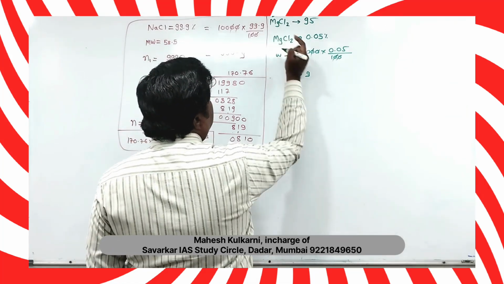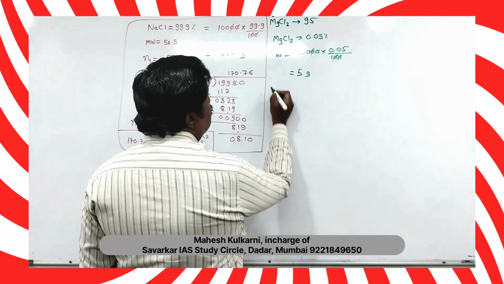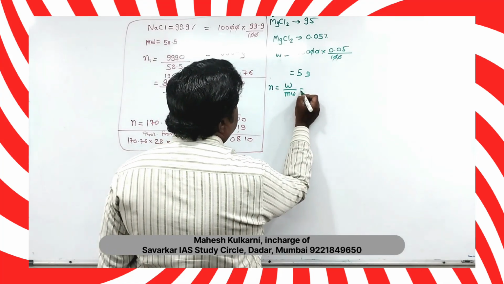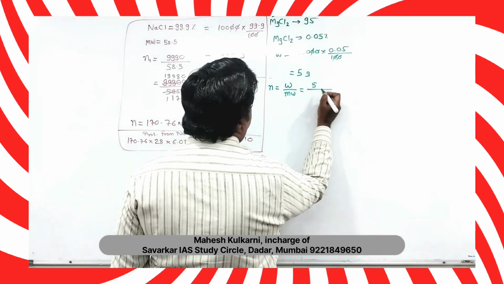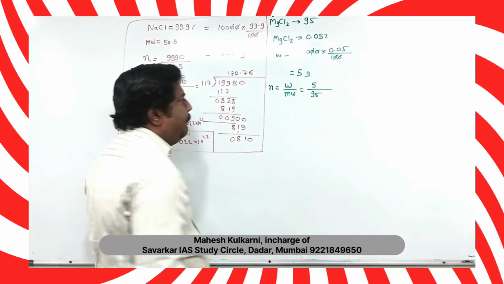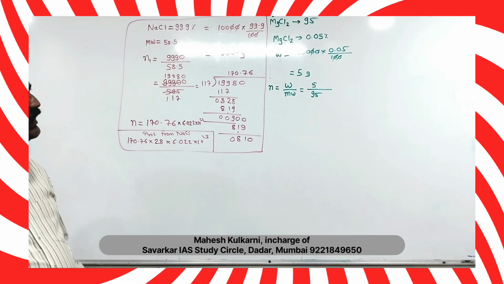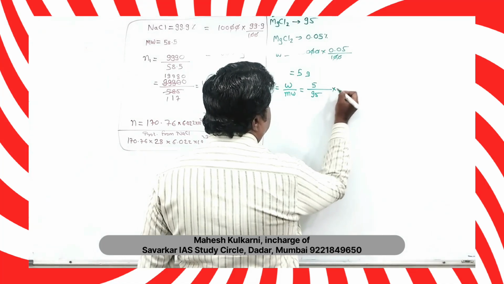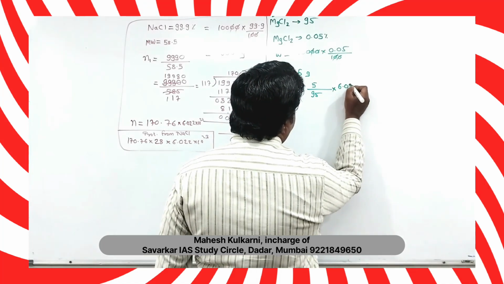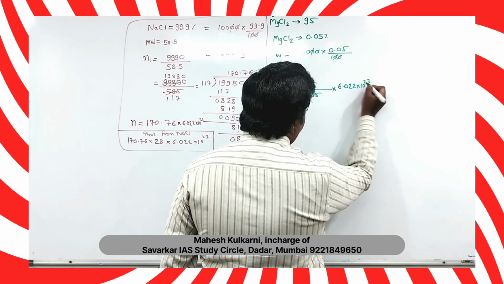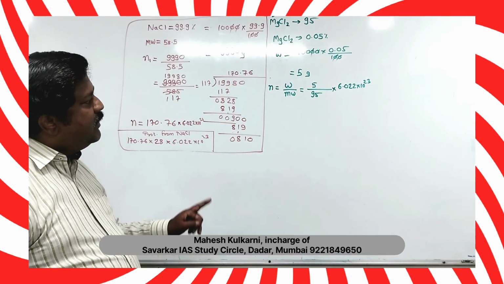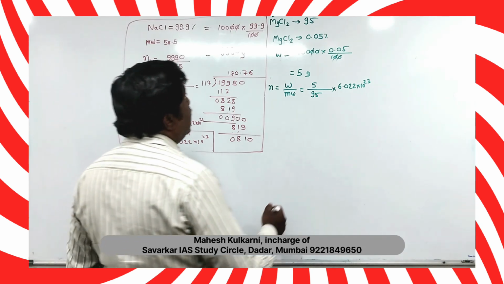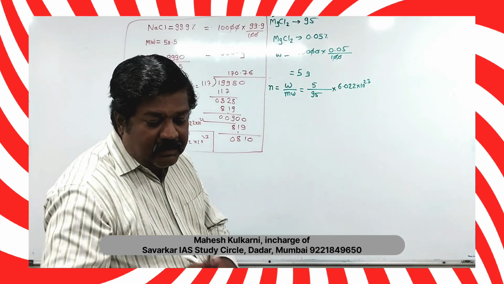We are aware the magnesium chloride molecular weight is 95. So what is N? N equal to W upon MW. So it is 5 upon 95. So I will keep this as it is, because we multiply this by 6.022 into 10 to the power of 23. This will give me the number of molecules of magnesium chloride. And how many electrons are there in magnesium chloride?